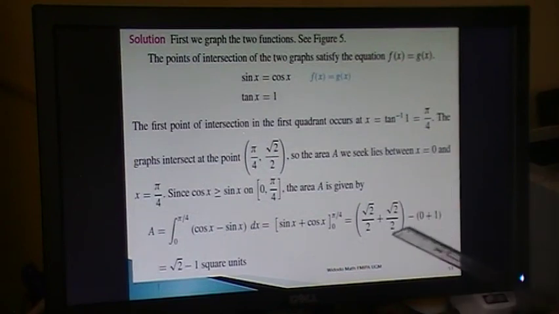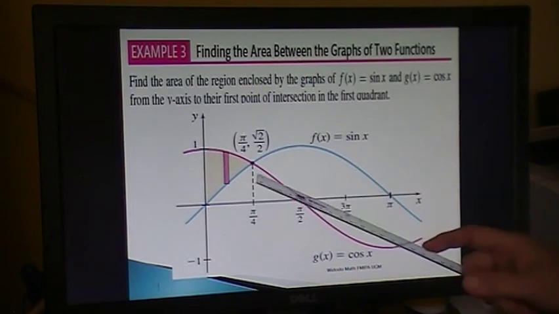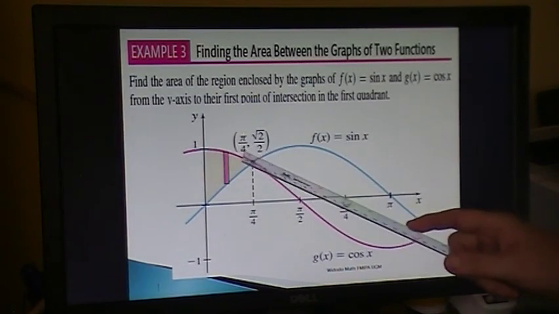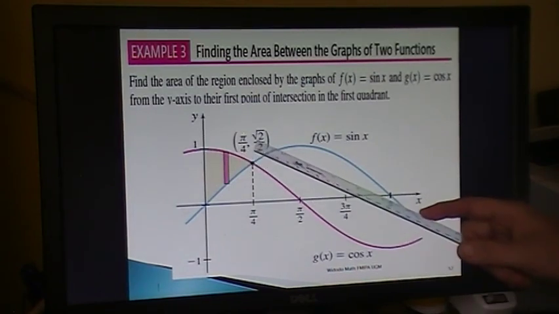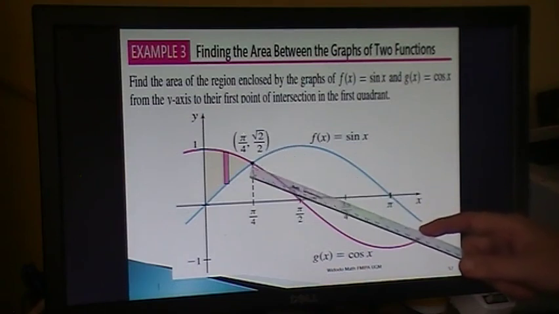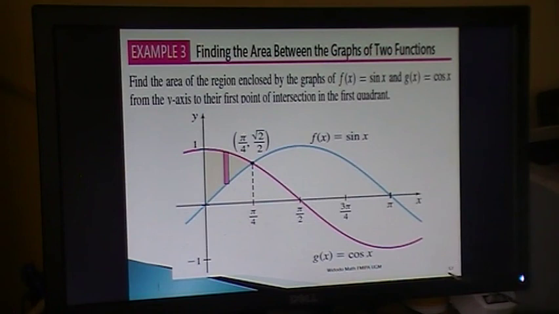Here actually the point is equal to π divided by 4 and square root of 2 divided by 2 is actually the intersection between sin and cos. Okay.